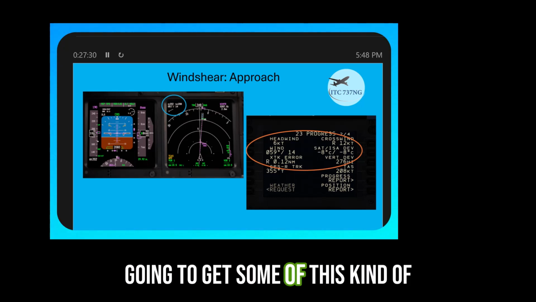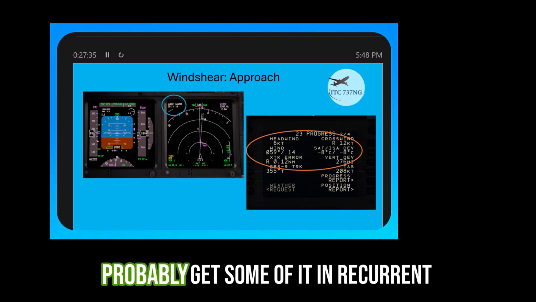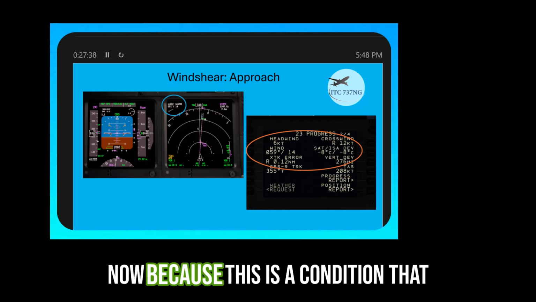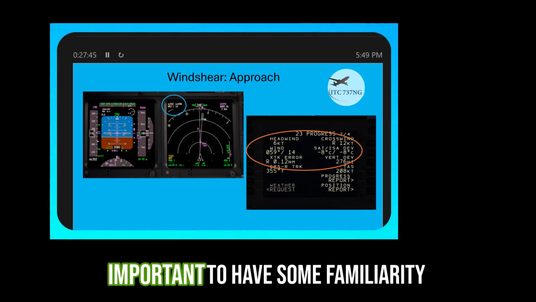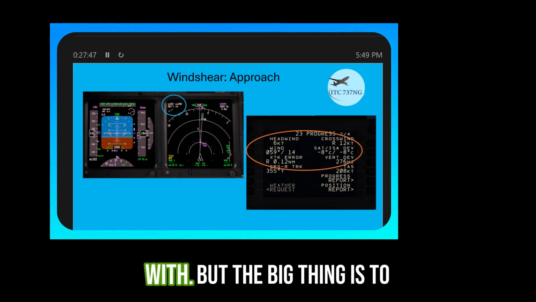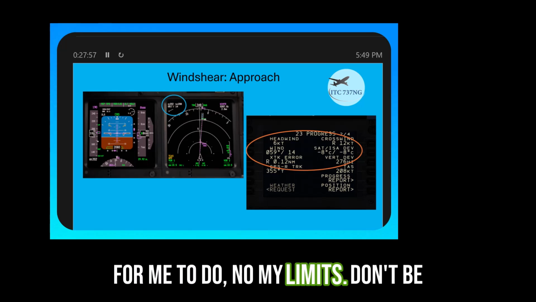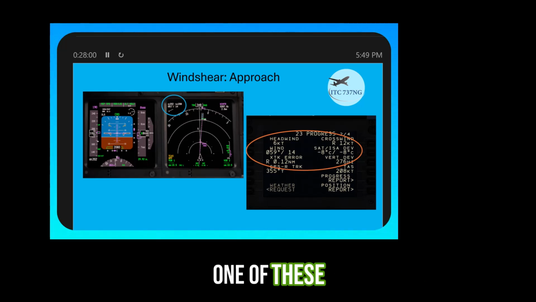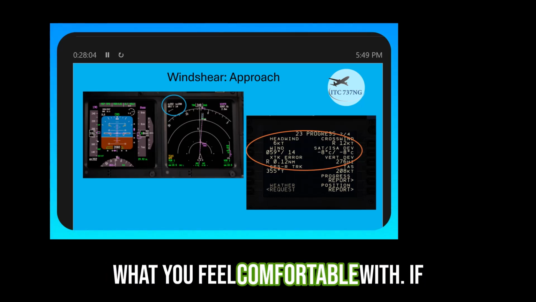The thing that I know is that you're going to get some of this kind of training in your training. You probably get some of it in recurrent now, because this is a condition that history has proved is really important to have some familiarity with. But the big thing is to recognize that maybe the best thing for me to do is know my limits. Don't be one of these individuals that looks to challenge what you feel comfortable with.